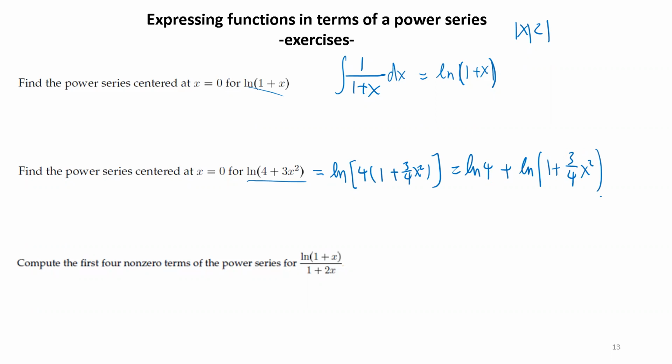So if we know the power series for log of 1 plus x, we just replace x with 3 divided by 4 x squared. However, you need to be careful. Originally the series only works when the absolute value of x is smaller than 1, so after the replacement, you need to remind yourself that the interval of convergence changes, and then you can figure out what x should be.